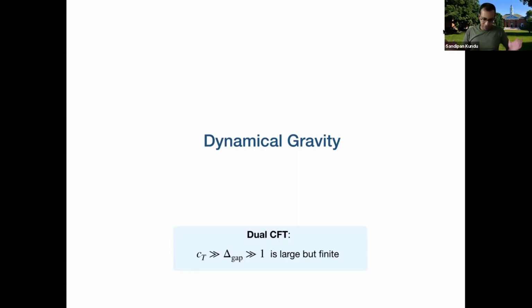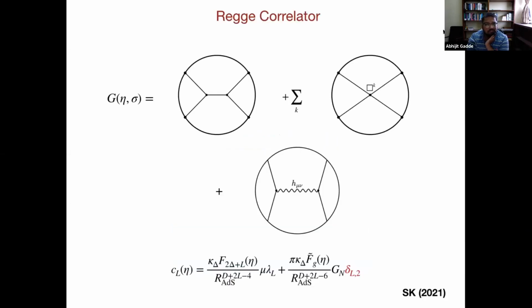Okay. This is our good segue to including dynamical gravity. So in this language, I'm no longer taking the central charge to be infinitely large. I'm taking it large but finite, but it's still larger than the gap. Now I have the old diagrams, and all I have to do is include one more diagram, which is a single graviton exchange.